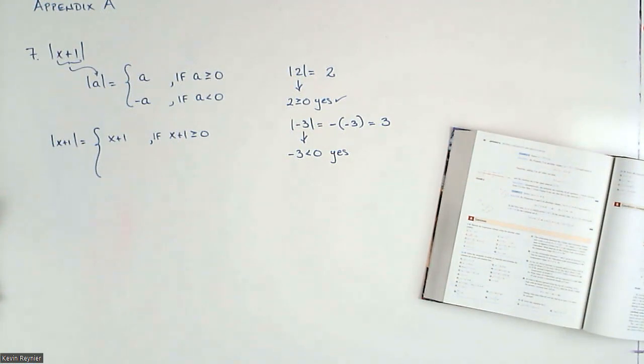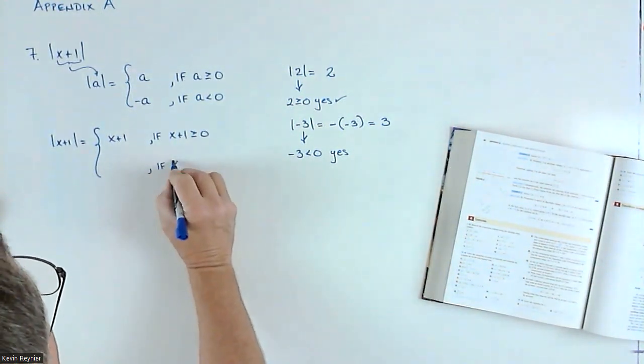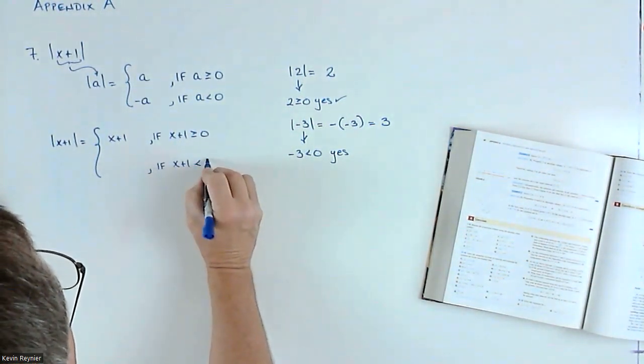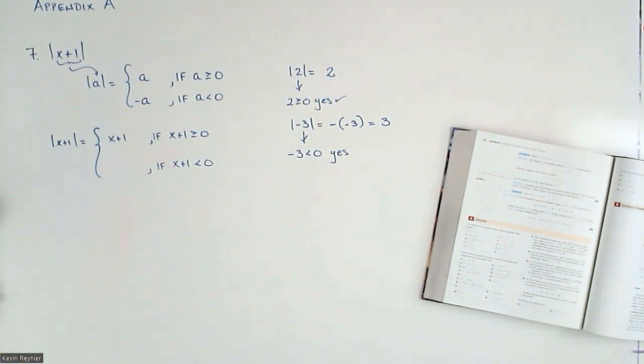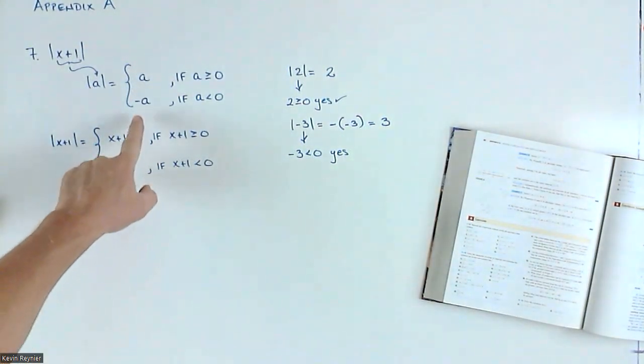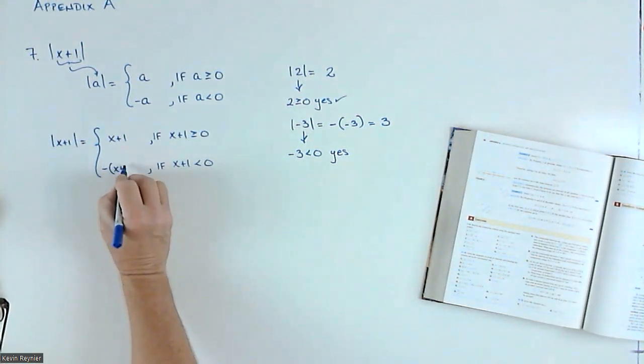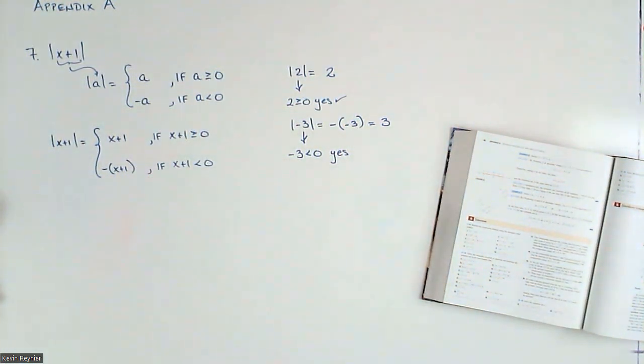But x could be -5. We don't know the value of x. So if x plus 1 is less than 0, our answer is not x plus 1. It's the opposite of x plus 1.